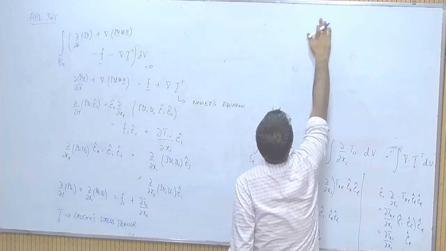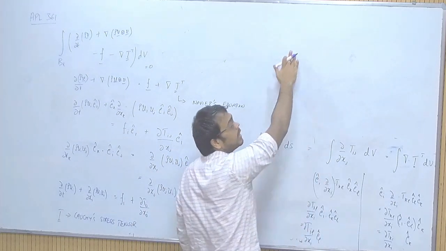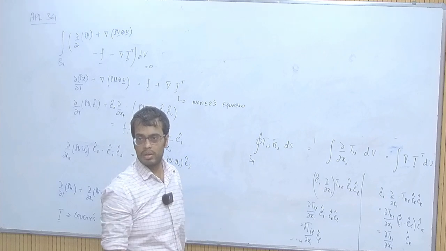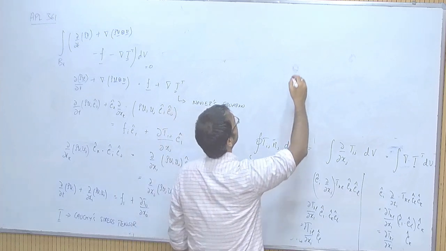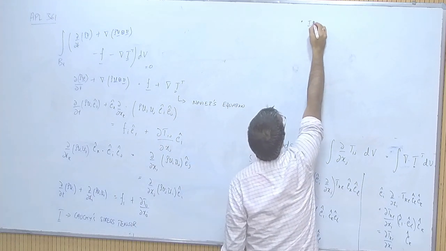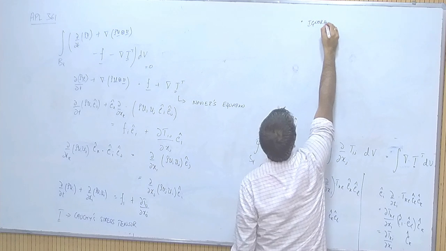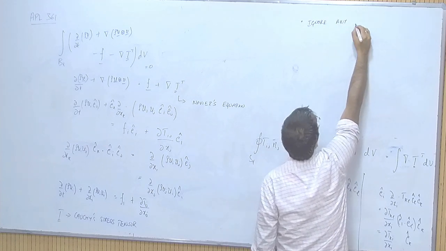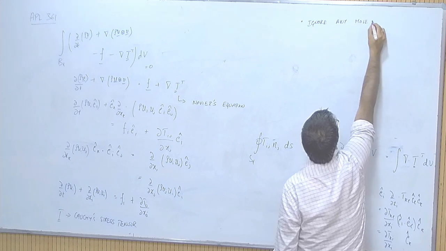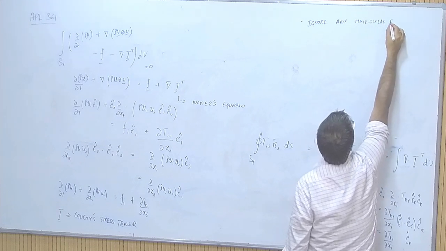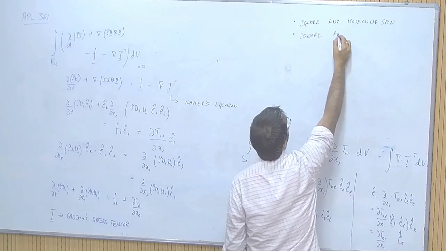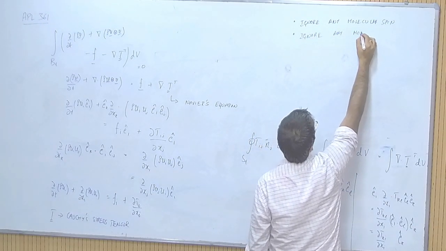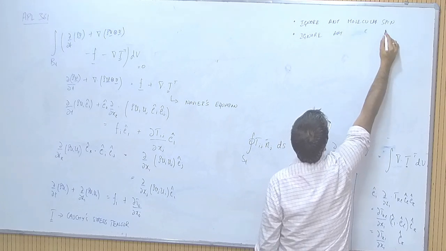Now, when we are writing the angular momentum equation, basically Euler's second axiom for a blob of fluid, what we have to keep in mind is we are going to ignore any molecular spin and we are going to ignore any molecular moments.